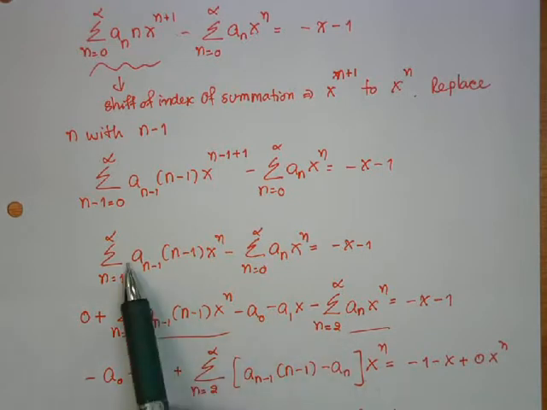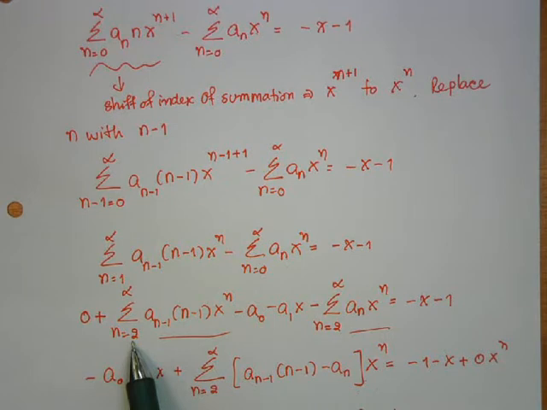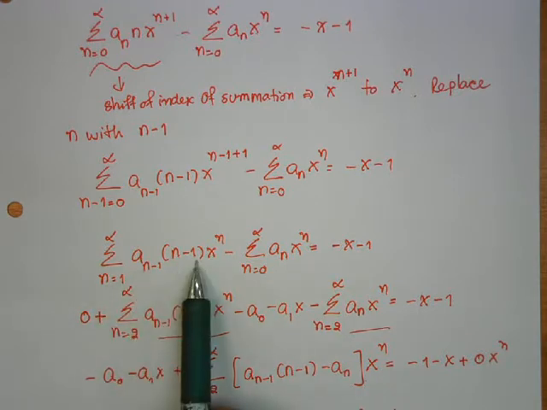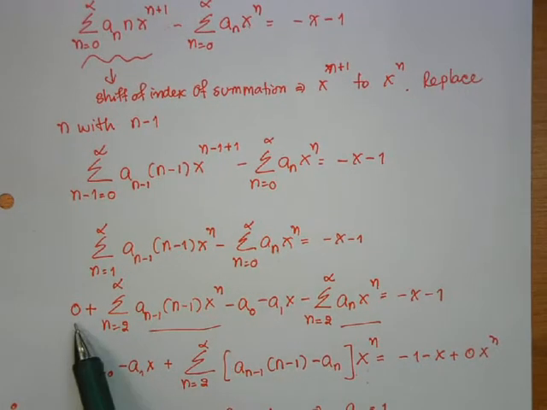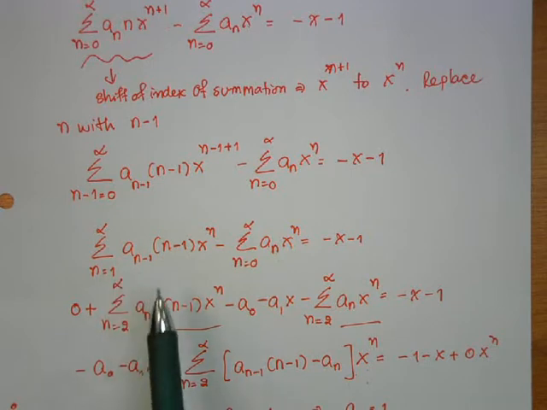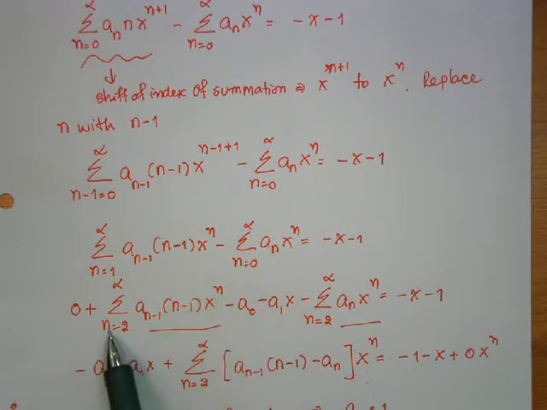So for the first term I have to put the value n equal to 1 into this function and then write the summation starting from n equal to 2 to infinity. When I plug n equal to 1 there, I get a0 times 0, so that is 0. Then plus the rest of this term, which is the summation of a_{n-1} times n minus 1 times x to the power n, where n starts from 2 until infinity.